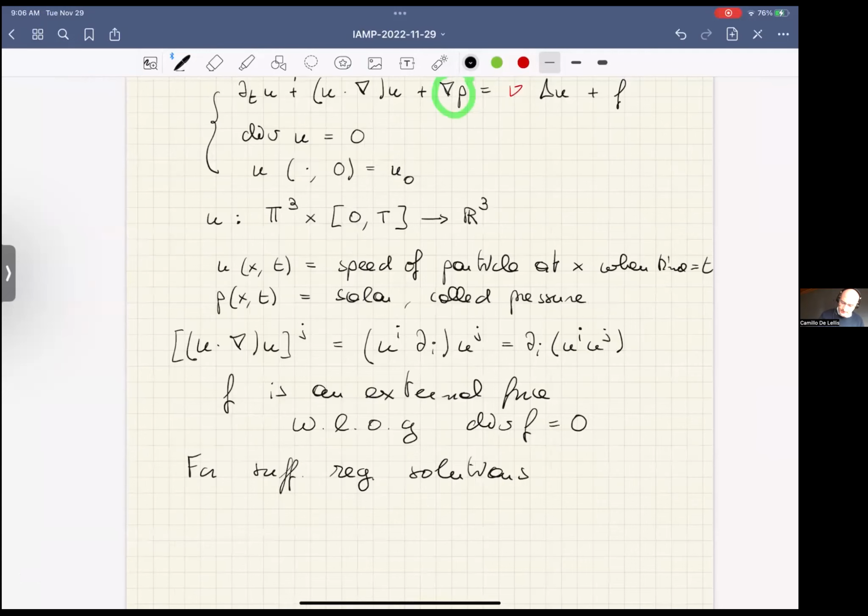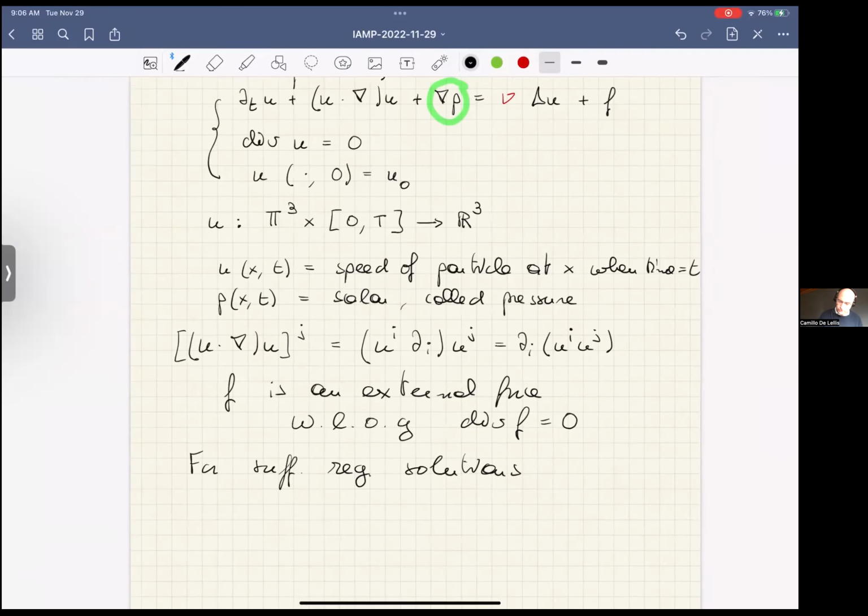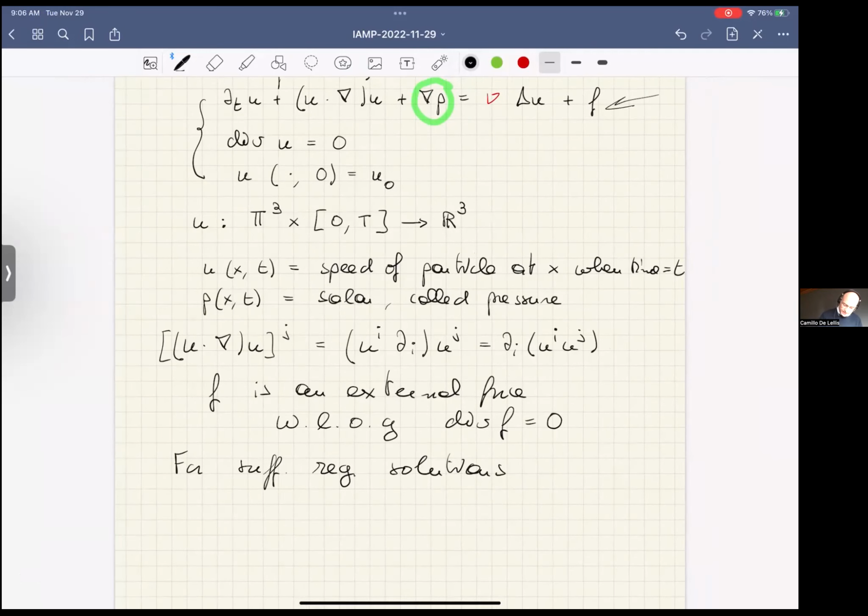So you scalar multiply this equation here by U, and when you multiply this equation by U, you find after a little bit of algebra the following identity. So the time derivative of the density of the kinetic energy has a flux term, which you can rewrite in the following way. Okay, and then there is a term which is coming from the dissipation, and it can be written in the following way.